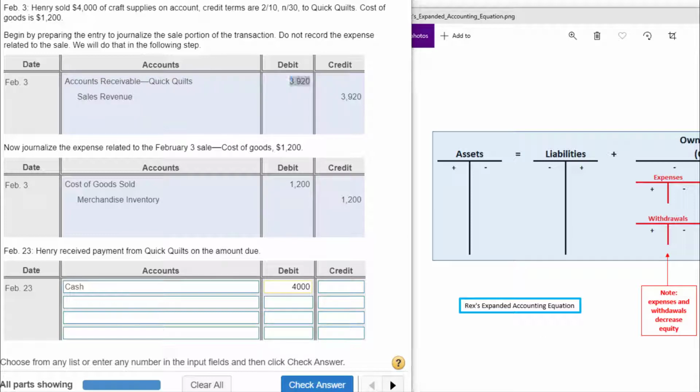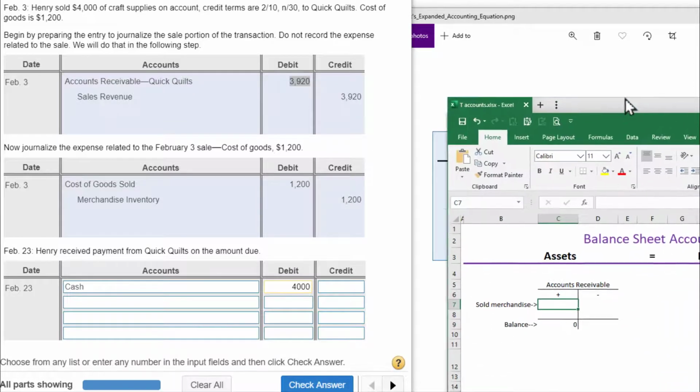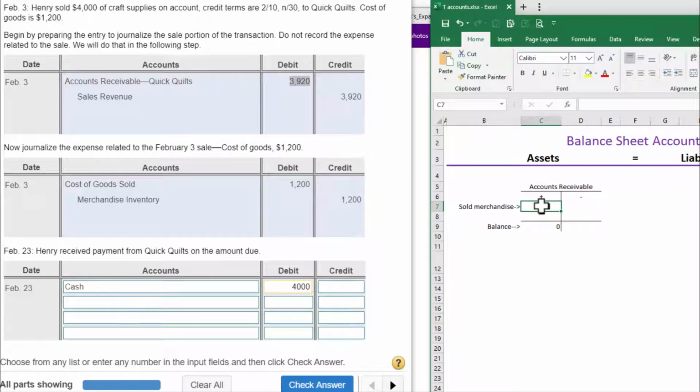So let me put this in a T account. So here's AR. When we sold on February 3rd, our AR went up $3,920. Now, when they pay us off, we have to make the balance zero because they will no longer owe us anything.